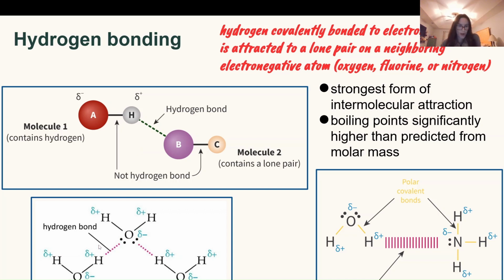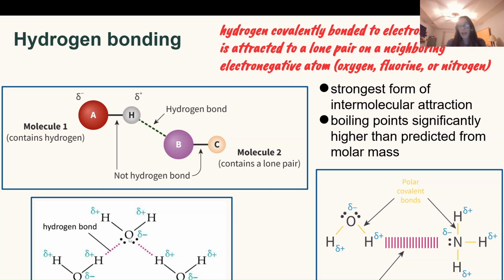So looking at water, for example, you can see the dashed line represents the hydrogen bond. Remember, a solid line is a covalent bond, not a hydrogen bond. You represent the hydrogen bonds, again, with these dashed lines, and you see the hydrogen, which is attracted to this lone pair on a neighboring water molecule.